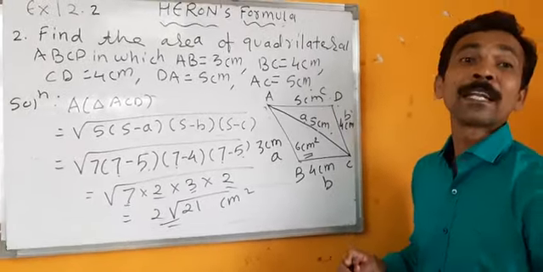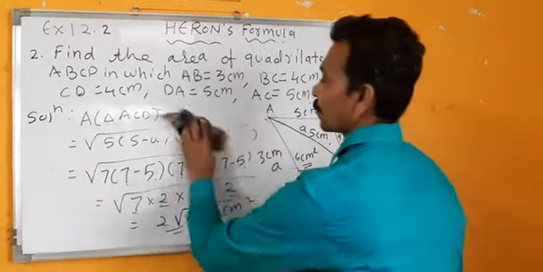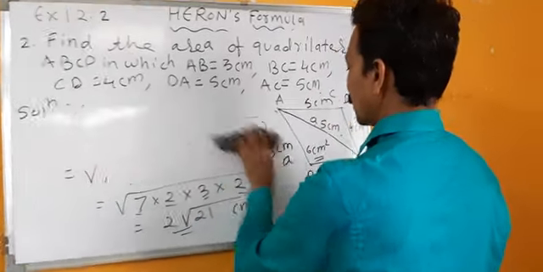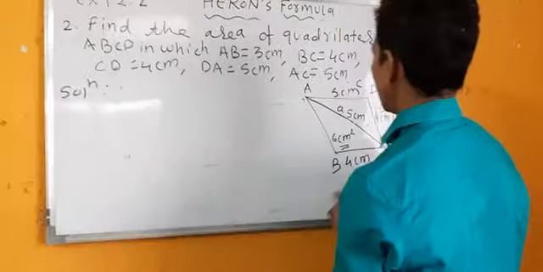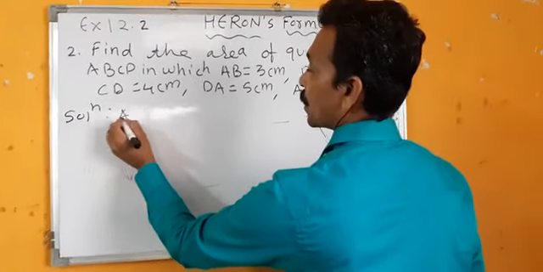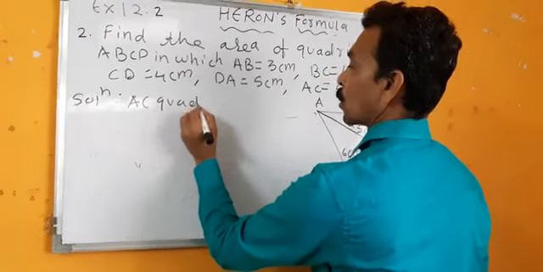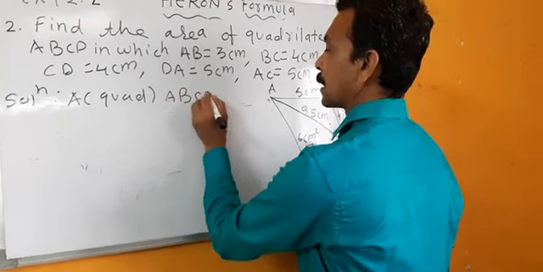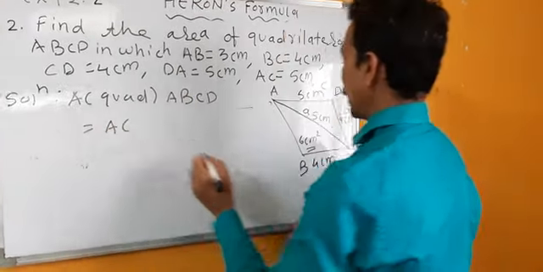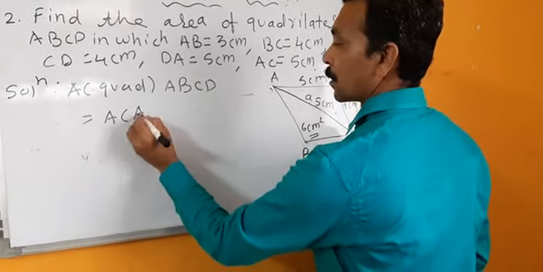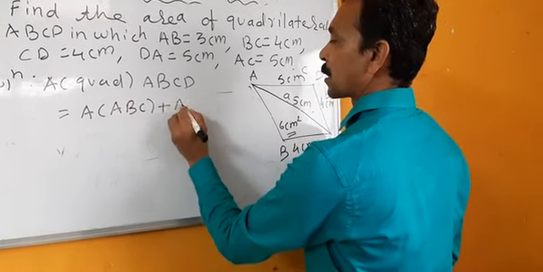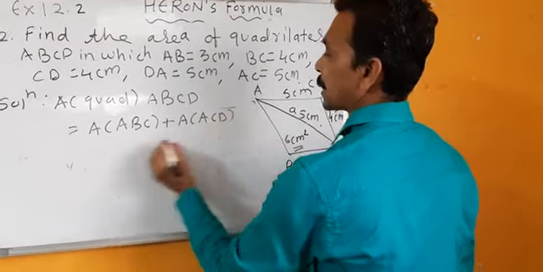But we have to find the area of the quadrilateral. Area of quadrilateral ABCD is equal to area of triangle ABC plus area of triangle ACD.